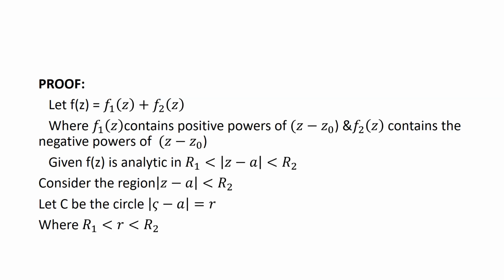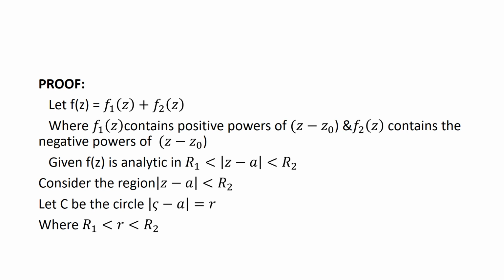So, we split f of z as f1 of z plus f2 of z, where f1 of z contains the positive powers of z minus z naught and f2 of z contains the negative powers of z minus z naught.